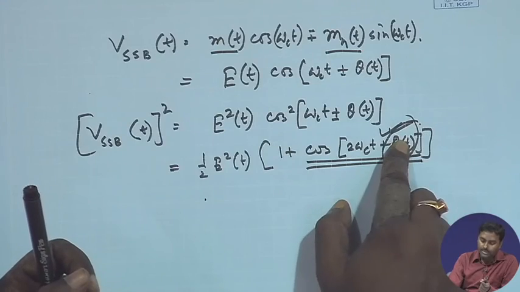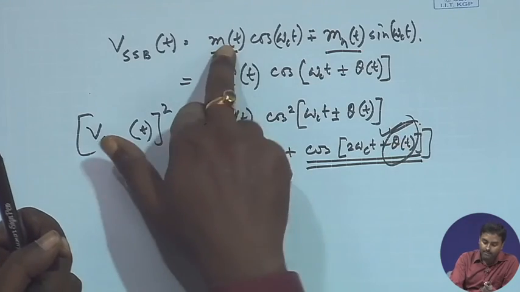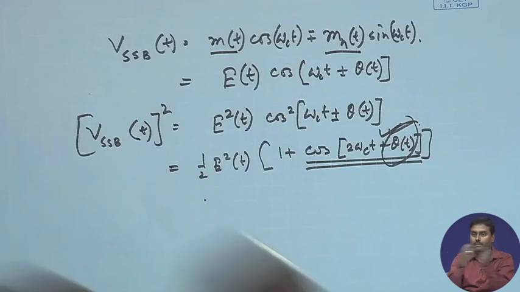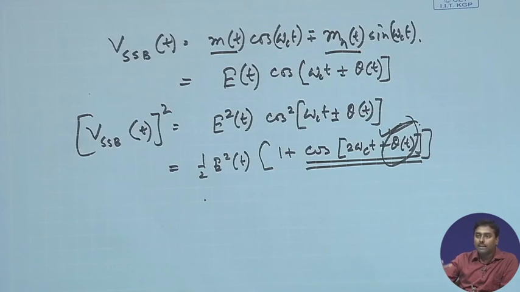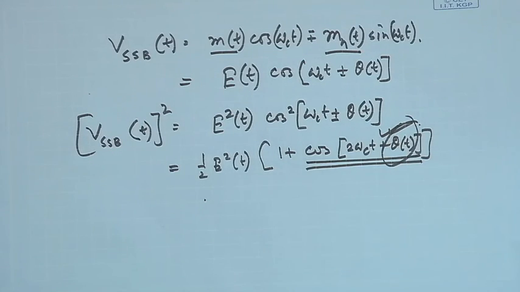But now I am getting some θ(t) which is actually determined by this m(t) and m_h(t), coming from the message, and that will actually change. This is not a pure cosinusoidal now, this is something else. So, that I cannot take as a carrier signal, because it is a corrupted carrier signal which is not a pure cosinusoidal. Whatever I do, even after squaring, I do not get my carrier back.